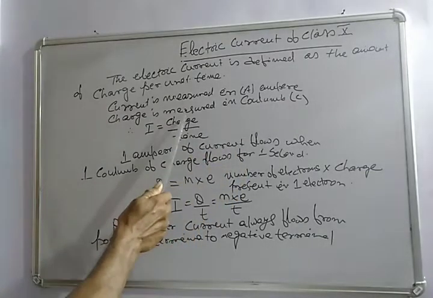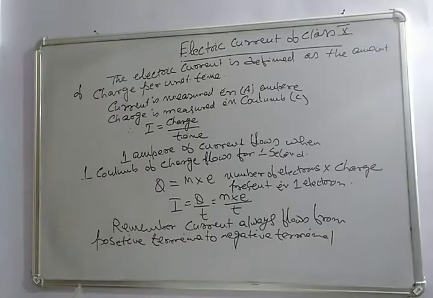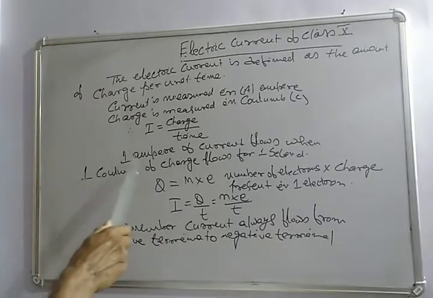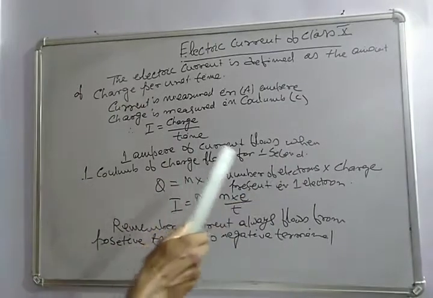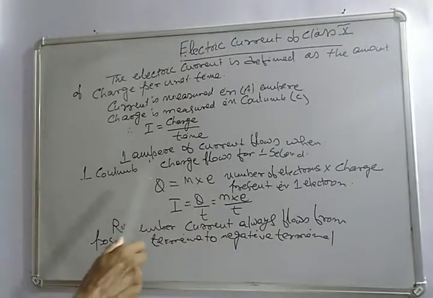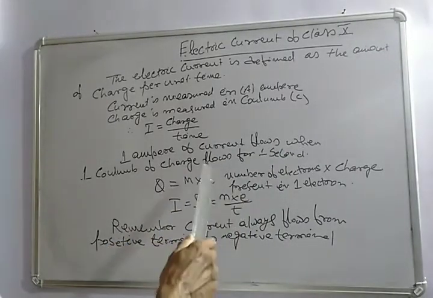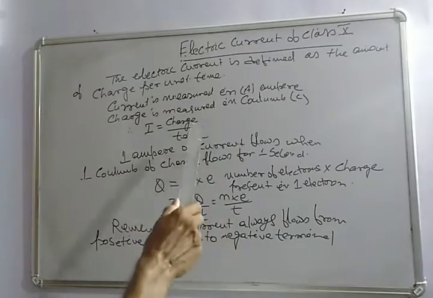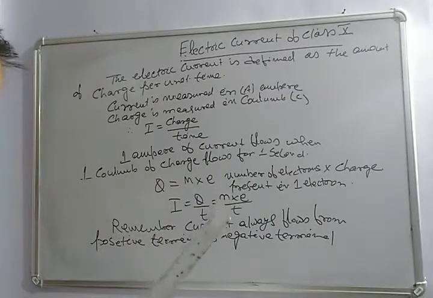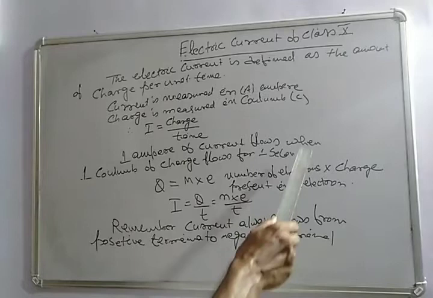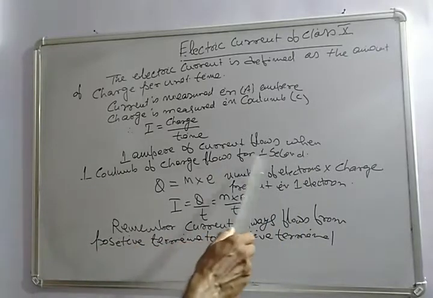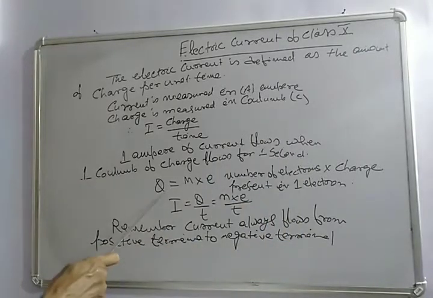I is equal to charge by time according to the definition. 1 ampere of current flows when 1 coulomb of charge flows for 1 second. Therefore Q is equal to N into E. What is N? N is the number of electrons. What is E? Charge present on 1 electron.